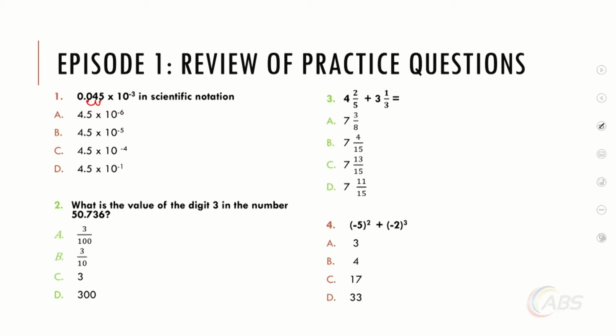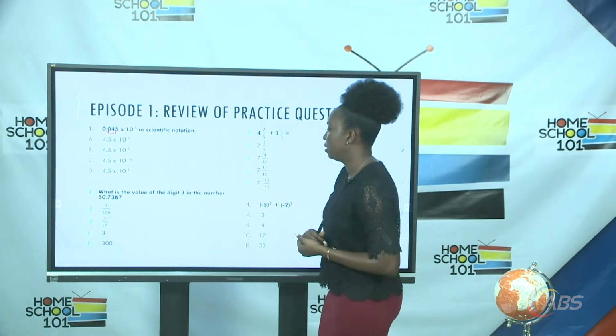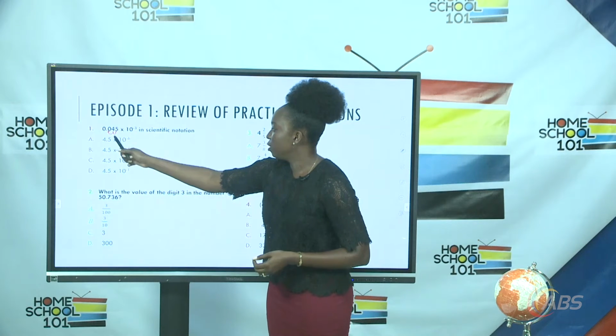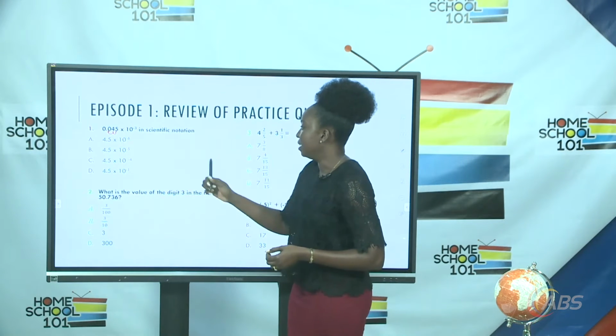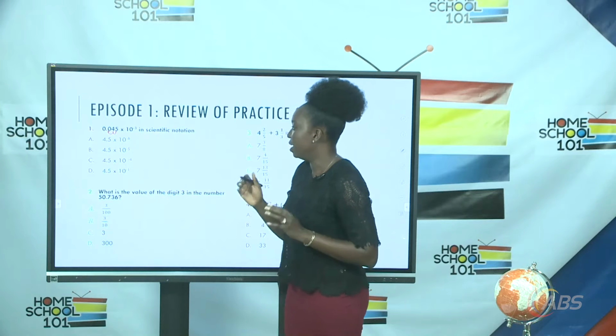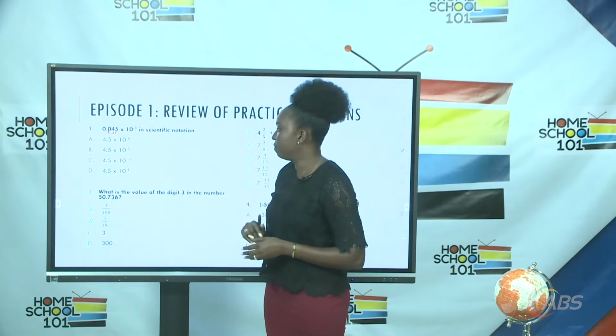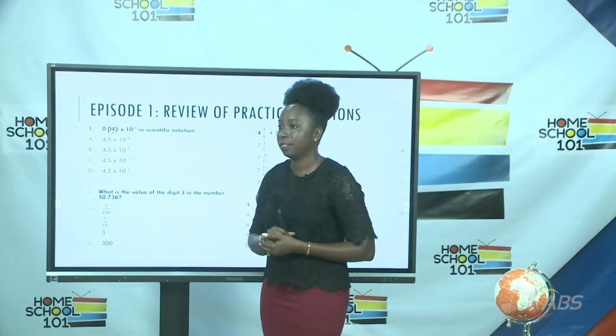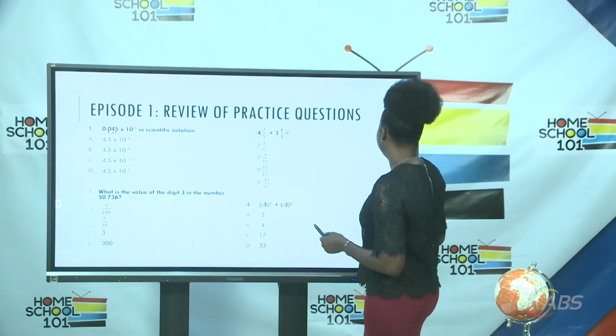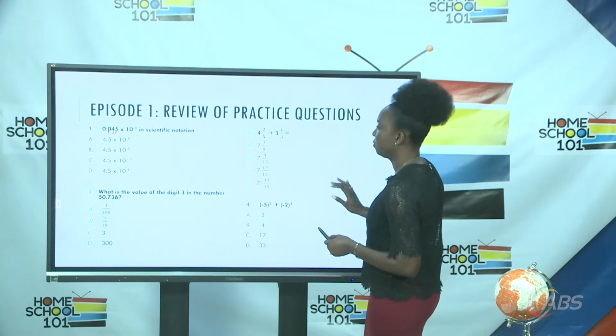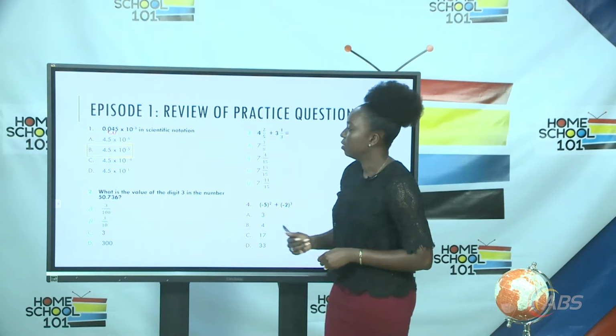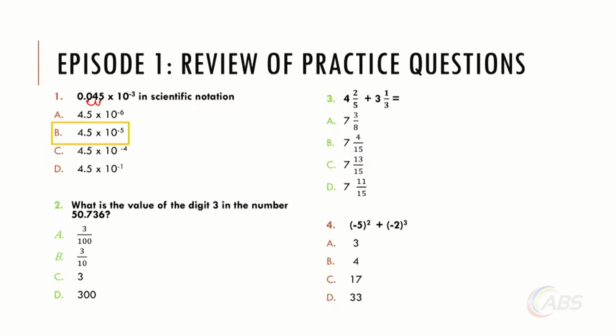We would have moved 2 places to the right, but you'll notice that 0.045 is less than 1. So we moved 2 places, and if we add our -2 and our -3, we will get our answer, which is -5. So our answer there is B, which is 4.5 times 10 to the -5th power.